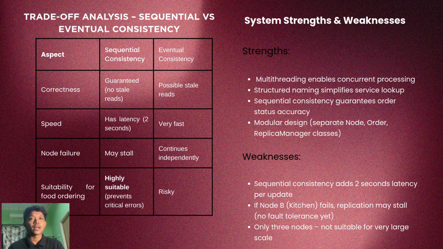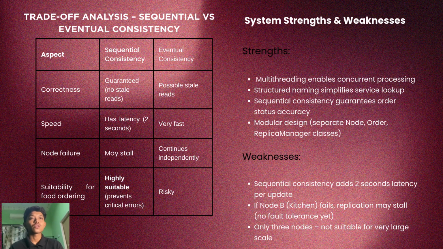Okay, let me summarize the strengths and weaknesses of our system. About strengths, number 1, multi-threading allows concurrent processing. Number 2, structured naming makes service lookup easy. Number 3, sequential consistency guarantees order status accuracy. Okay, the design is modular.